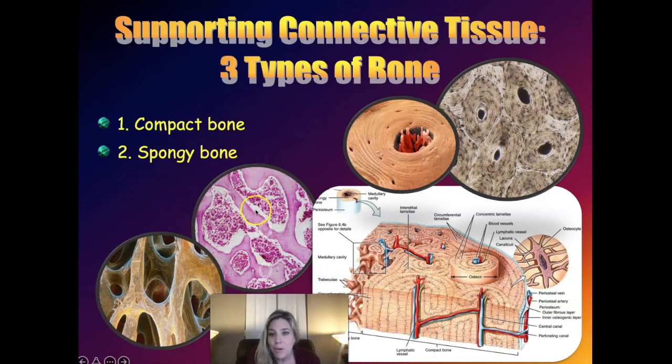So there would be a micrograph of it. Here's a scanning electron micrograph of it. And then, of course, your bone is going to have blood vessels going through that central canal and nerves. Here's a blown up osteocyte coming from out there. And so notice that your compact bone's there on the outside, and then on the inside would be that spongy bone.